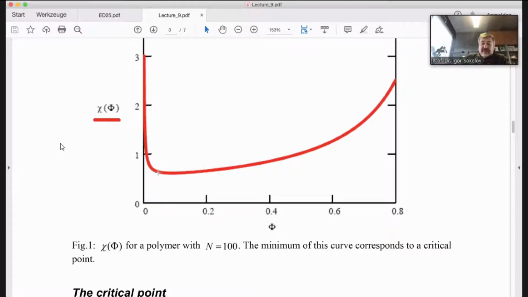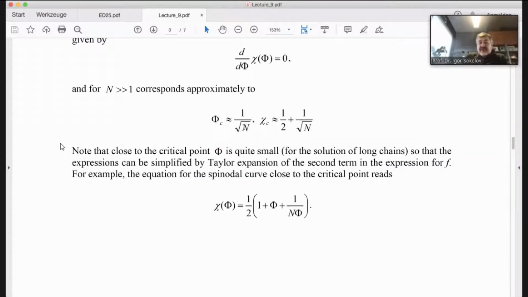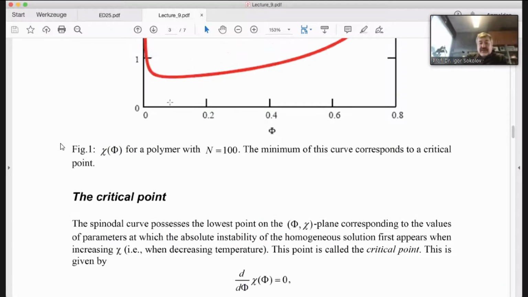And in phi, it is situated at 1 divided by square root of n, which means at 0.1. So the minimum is here of this curve. It's very flat here, and it's essentially flat for polymers. But if you zoom, you will see a normal quadratic minimum, as every twice differentiable function does have.